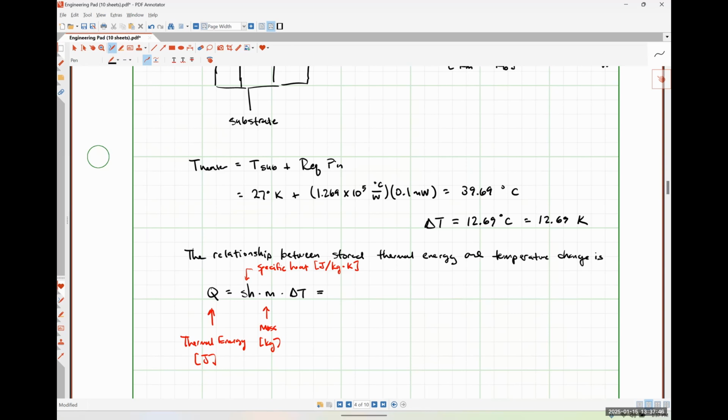And you may also see this as CTH, where this quantity CTH is my heat capacity measured in joules per Kelvin, times my difference in temperature. So this heat capacity thing is also at least interesting to me as an electrical engineer.